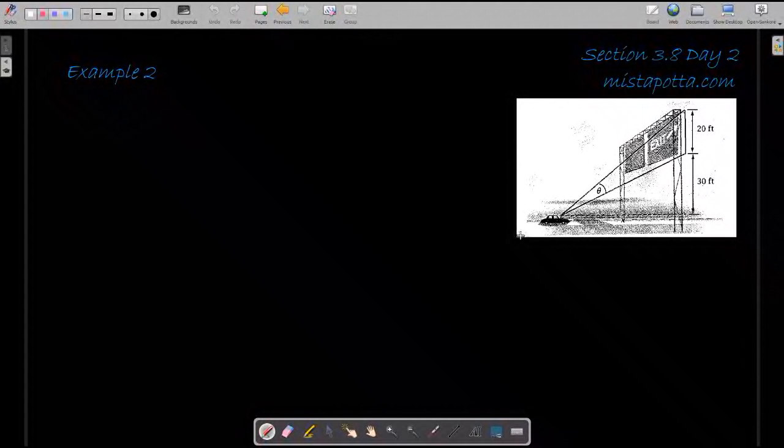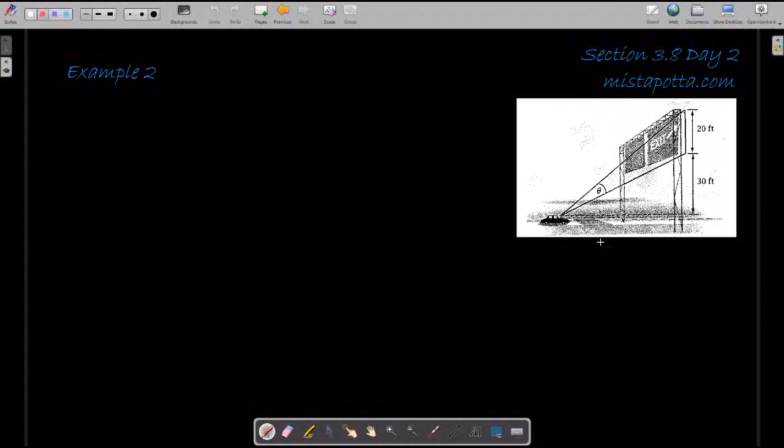As I travel closer, I'm going to notice that this height here is more visually larger.